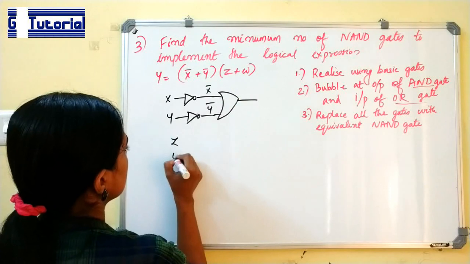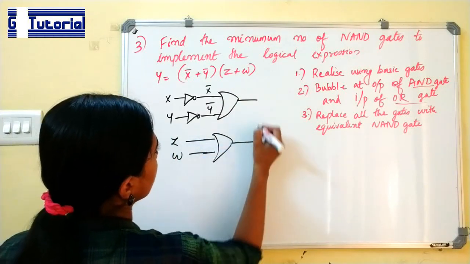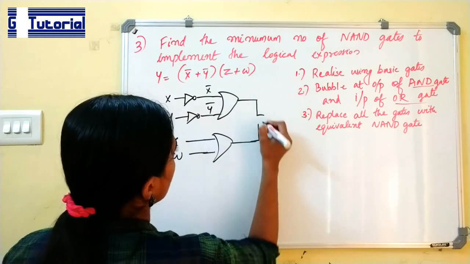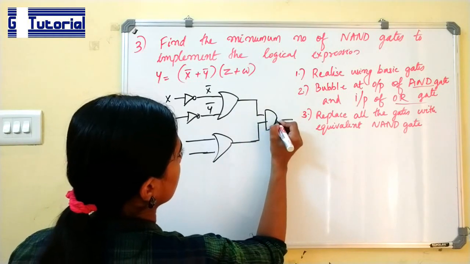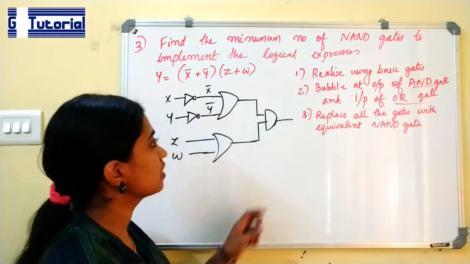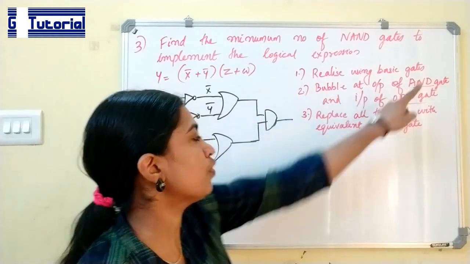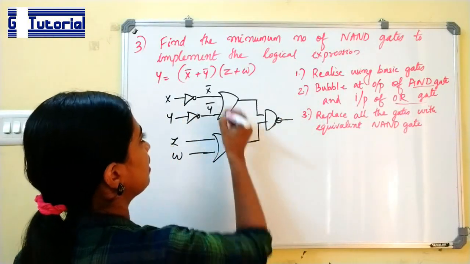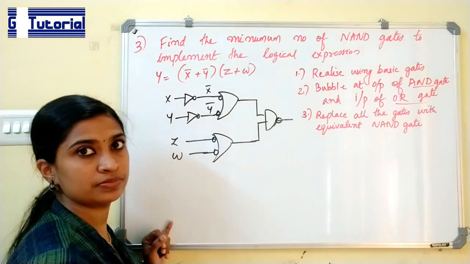And Z and W, again we are performing an OR operation. And the output of this is fed to an AND gate. Next step is bubble the input of OR and output of AND. Output of AND and input of OR has to be bubbled.